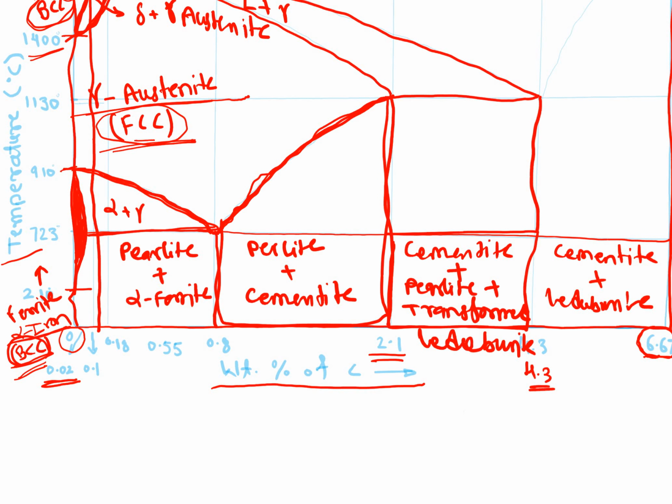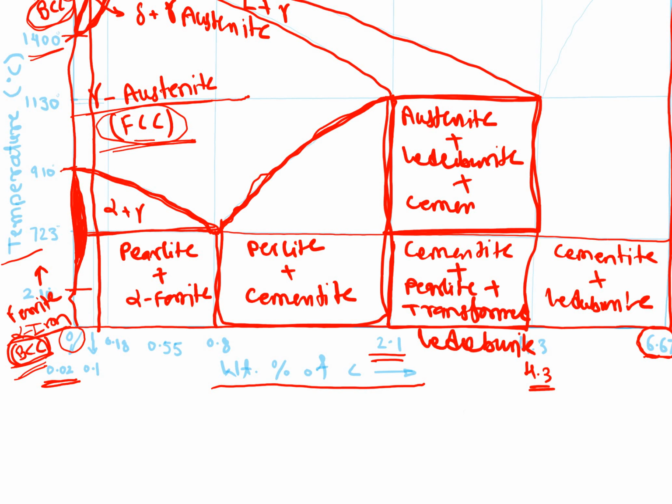This one will be austenite plus ledeburite plus cementite. This region, ledeburite plus cementite.